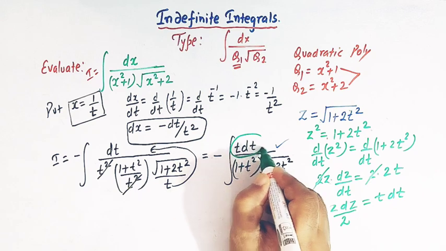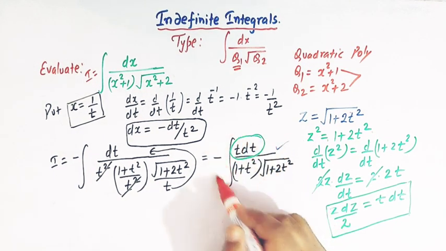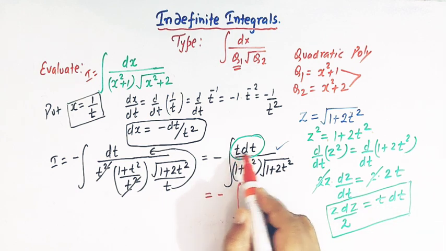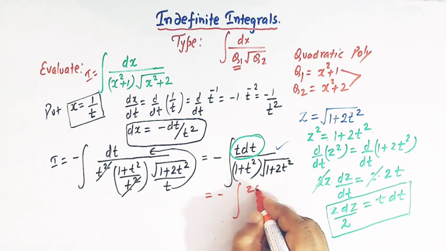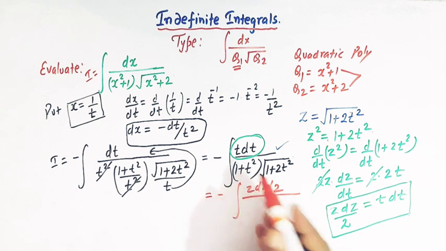So this t dt can be replaced by z dz over 2. So now this integral in terms of z can be written as negative here, and t dt can be replaced by z dz over 2, and here in the denominator we have 1 plus t square.